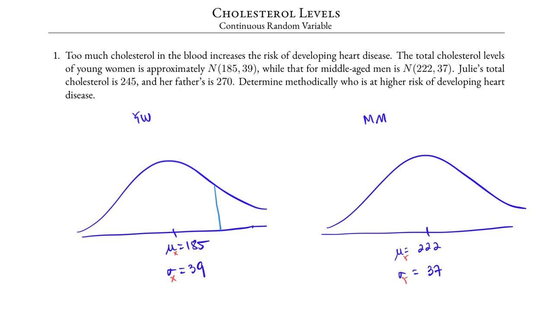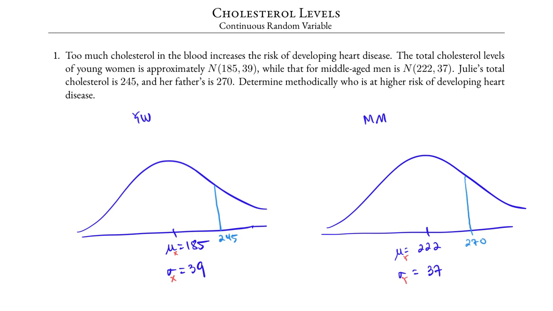We would label 245. Usually, we would draw a vertical line on the normal bell-shaped curve to indicate the value. For Julie's father, his cholesterol level is 270, which is also above the mean.